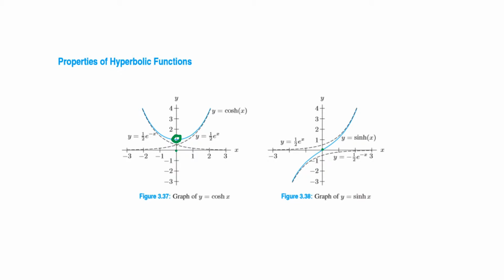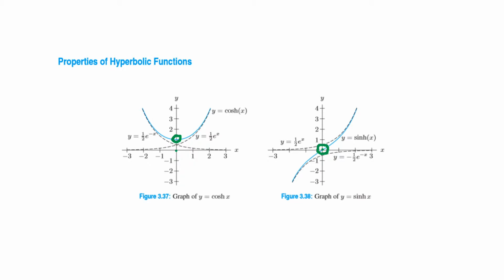On the hyperbolic sine of x, when x equals 0, hyperbolic sine of x also equals 0. If you recall the trigonometric functions, cosine of 0 was 1 and sine of 0 was 0. So on the hyperbolic functions, the basic identities of trigonometric functions still hold.